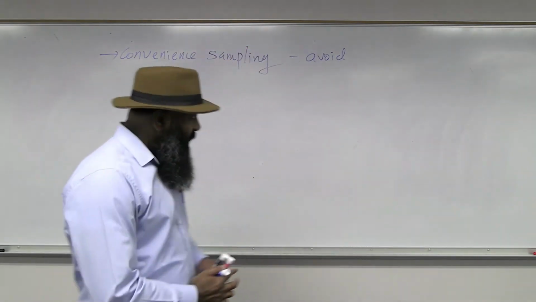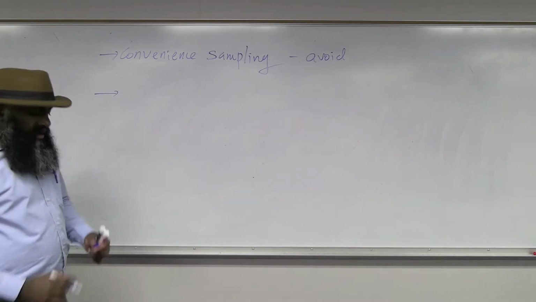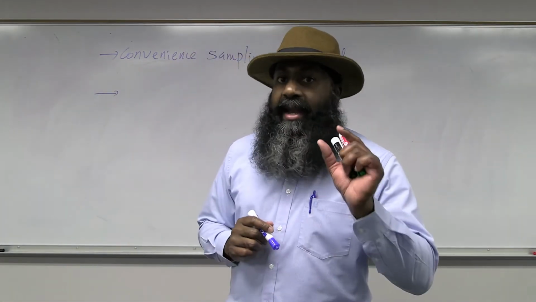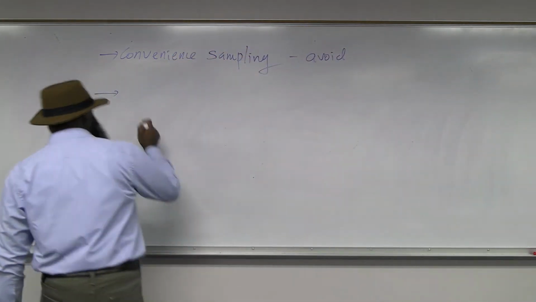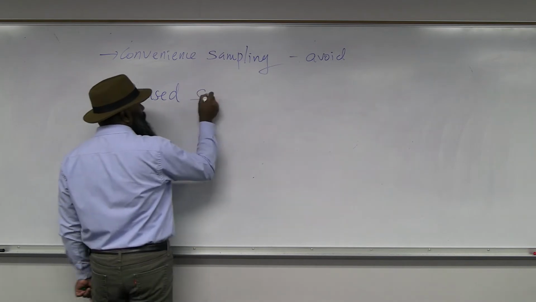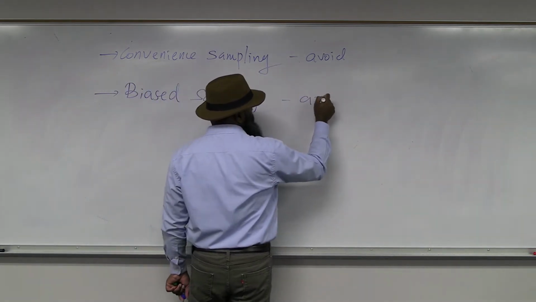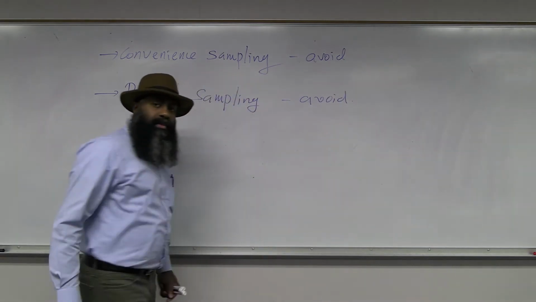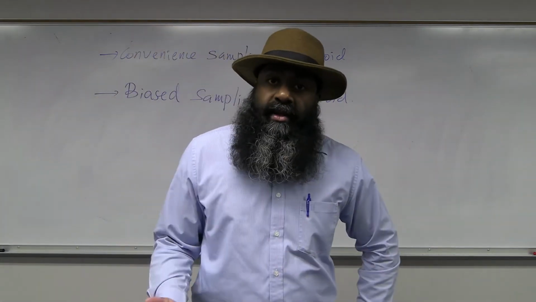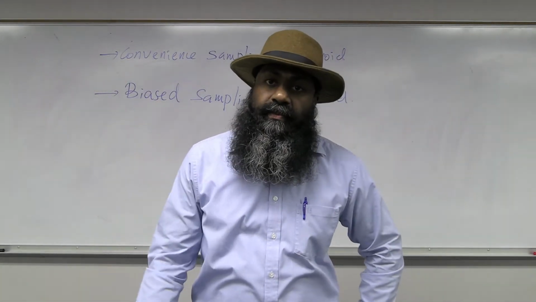There's another thing that should be avoided. When you select a sample, we cannot select a biased sample. We have to avoid that. So for example, I need to calculate the average height of a K-State student.